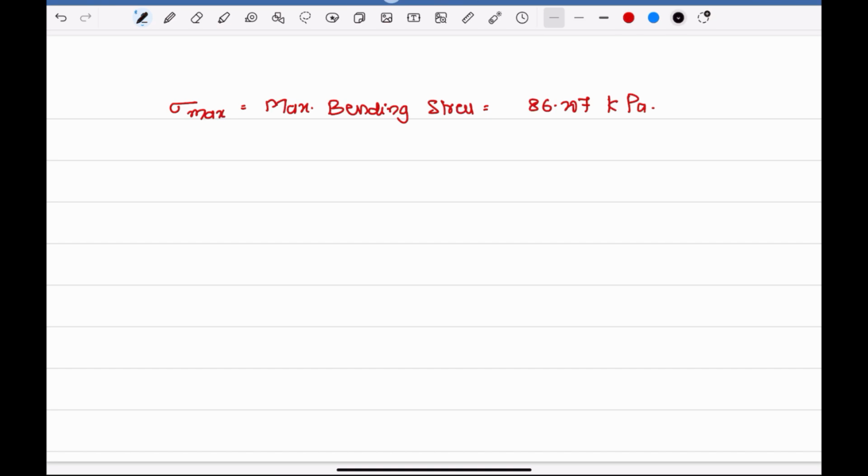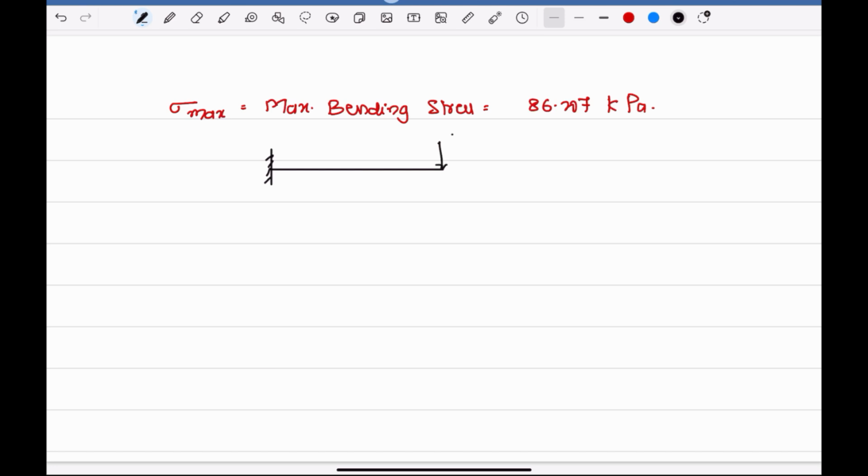Now, this is the maximum stress because of the bending moment. Where will the maximum bending moment be, and where will the strain gauge be required? For a cantilever beam, please go back to your basics.